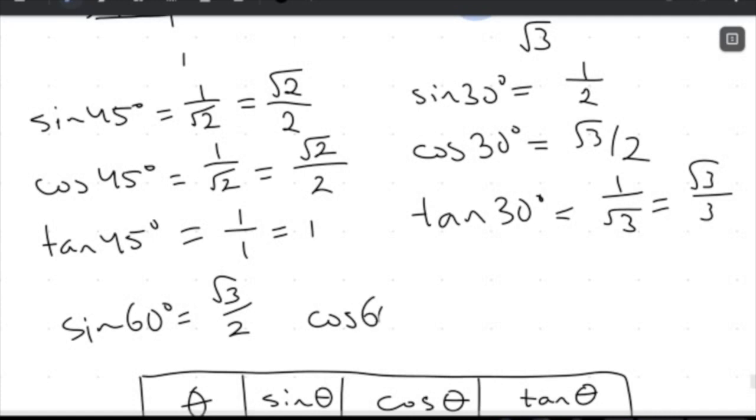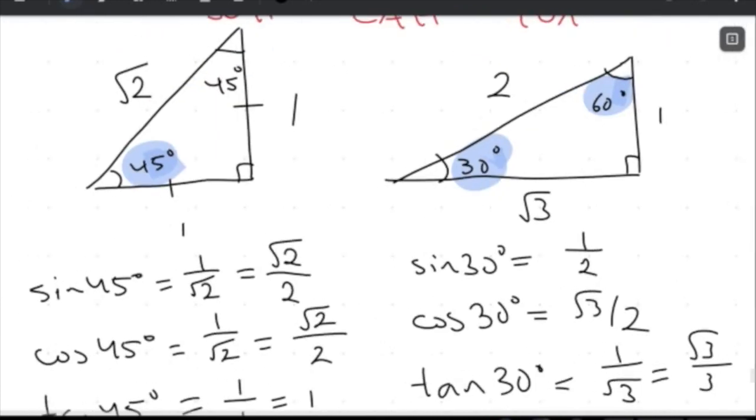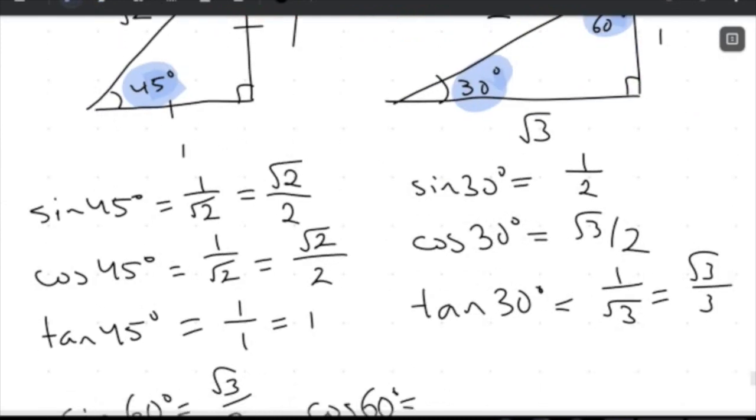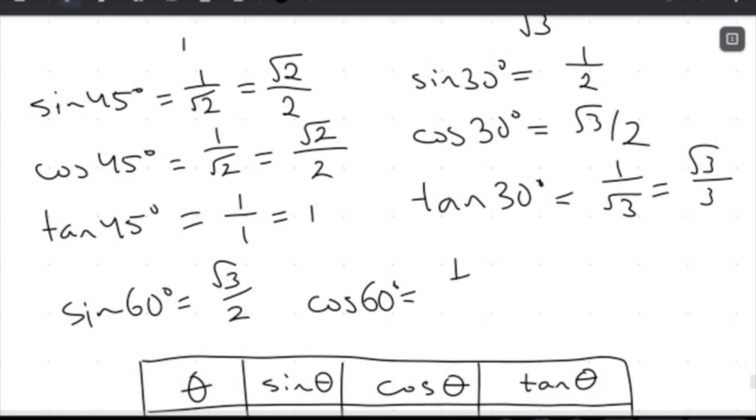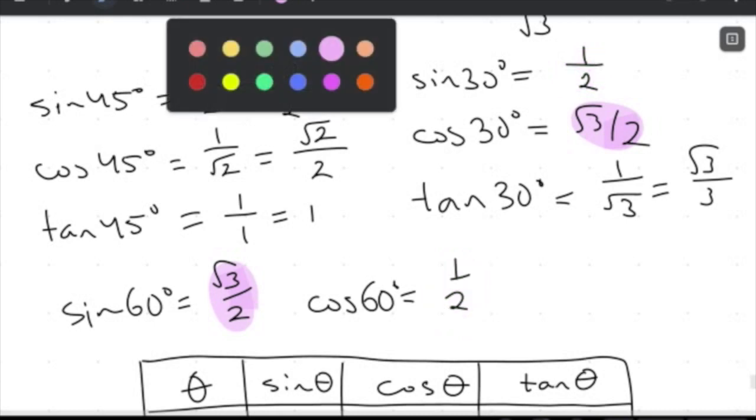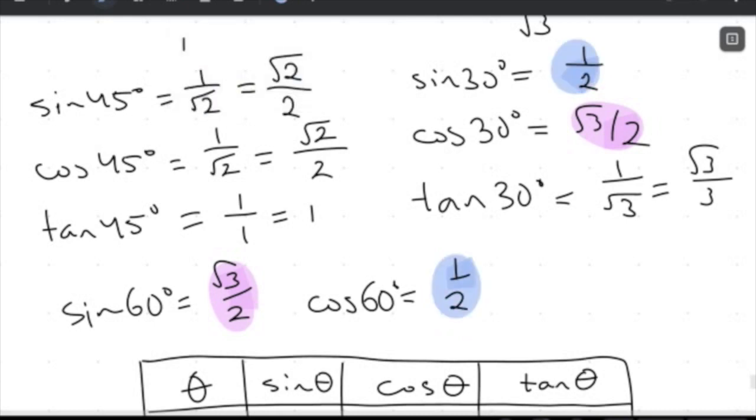My cos of 60 gives me 1 over 2. So we can already see some similarities happening. You can see that this one links to this one. This one here is the same as this one. Actually, let's color code those a little differently.